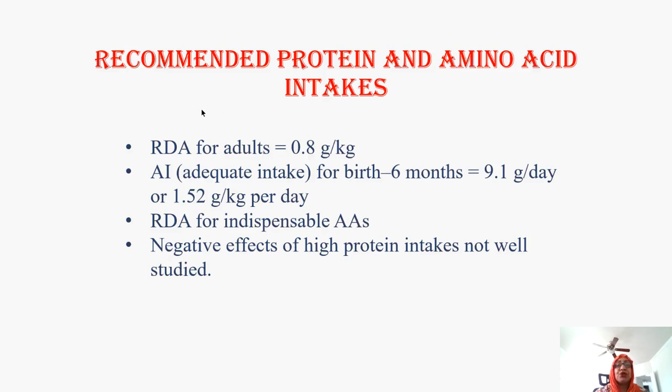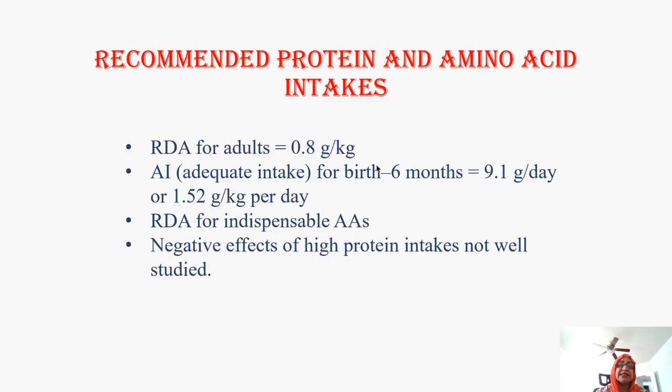So now we need to know how much protein we need. We have standards here, which is 0.8 gram per kilogram. So if your weight is 70 kilograms, you need to multiply this by 0.8, which is about 56 grams per day.